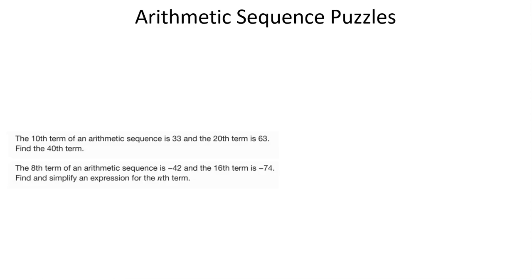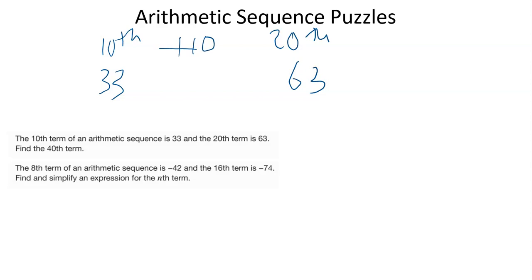So the 10th term of a sequence is 33, the 20th term is 63, and 10 to 20 is 10 steps. So if those 10 steps represent an increase in value of 30, then we can just divide that and say, okay, each step is plus 3.